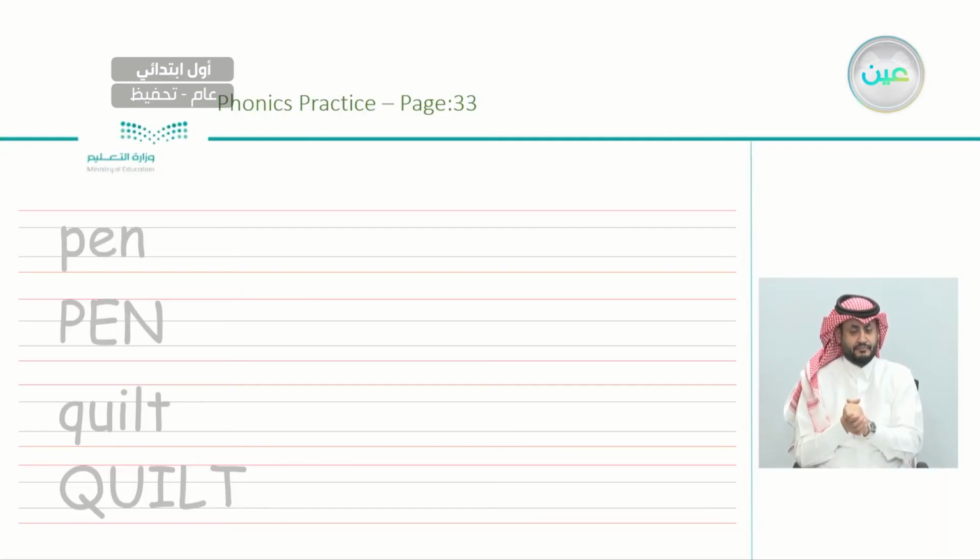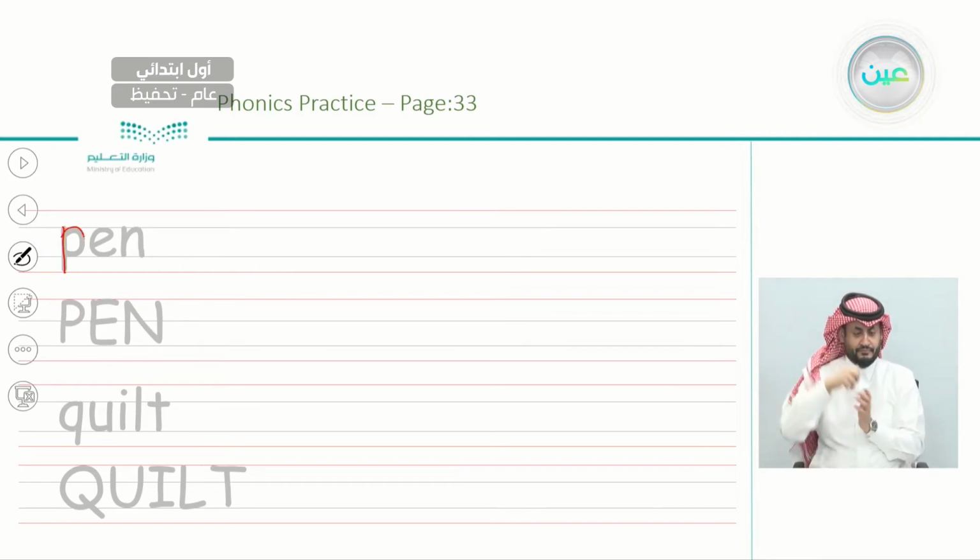Now we will trace and write these words. So we have pen, first of all. Pen starts with the letter P in small. So we have P like this, and we have E, then we have N. So this is pen in small form.